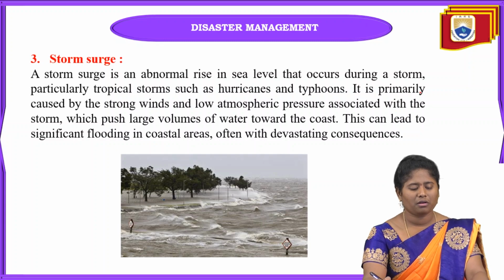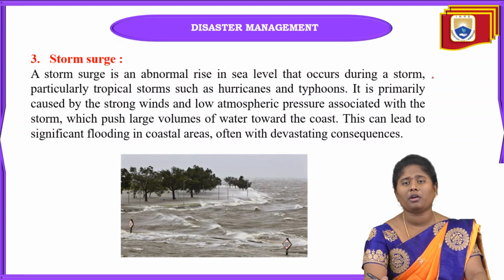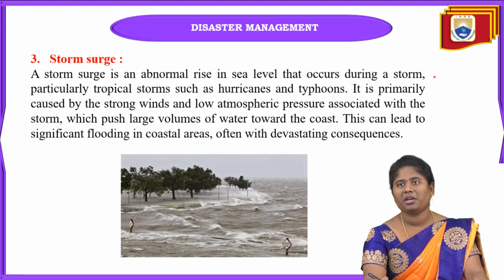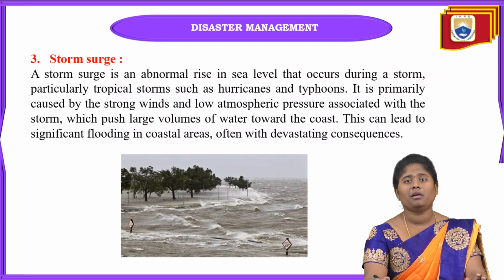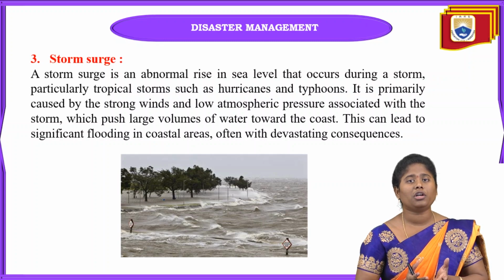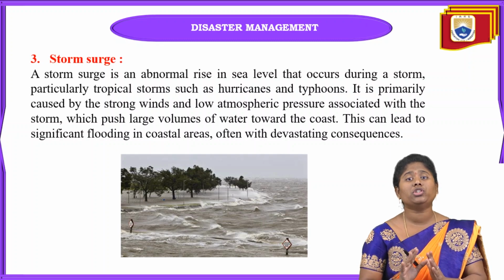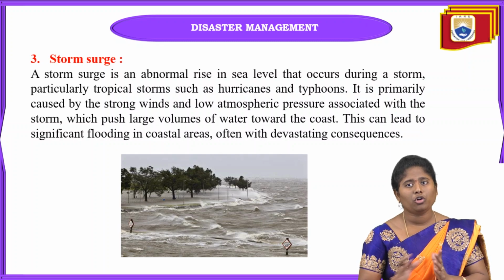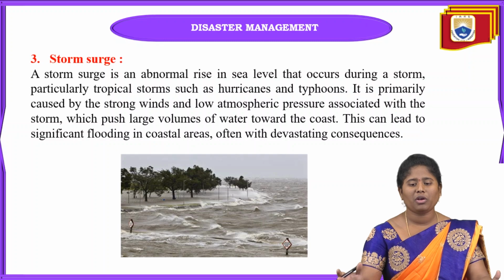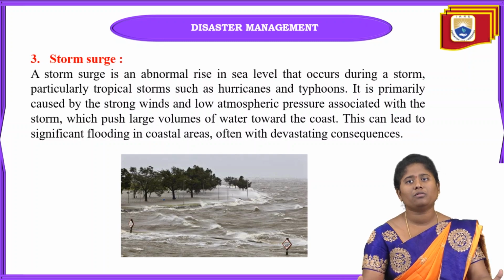Mainly, as I already told you, these storms happen because of strong winds and also low atmospheric pressure. These storms push a large amount of water towards the coastal areas. Because of this only, flooding is going to happen near the coastal areas.